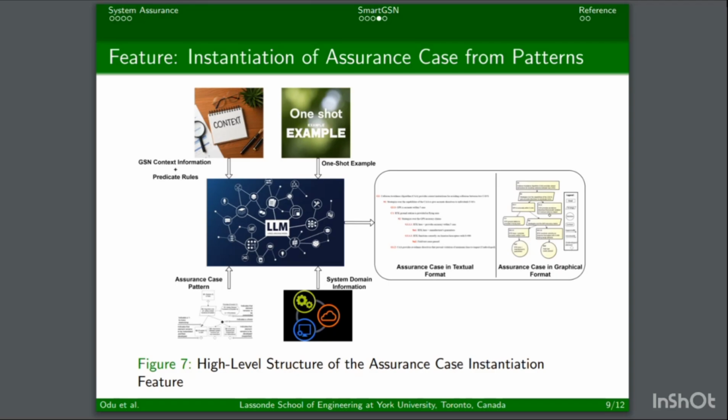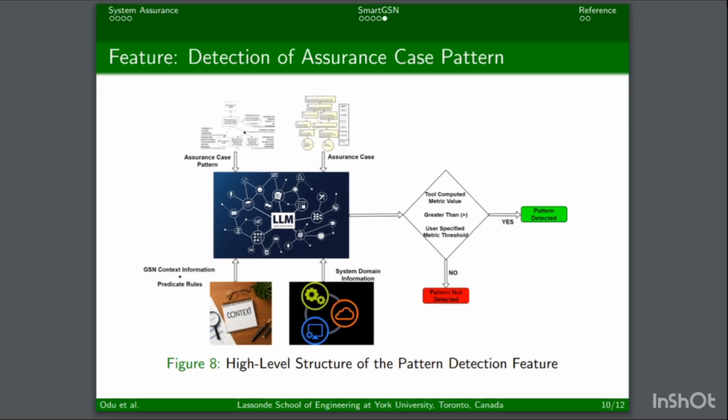Users can provide an assurance case pattern along with context information, one-shot example, or domain information to generate an assurance case. Our tool also features pattern detection with assurance cases. Users can supply both a pattern and an assurance case, and SmartGSN would accurately identify if the pattern has been utilized in the assurance case creation.